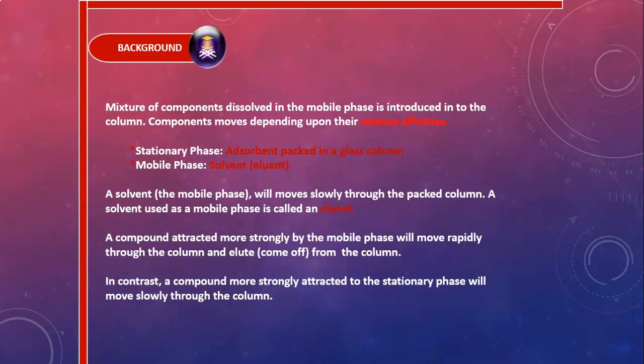The stationary phase is the adsorbent packed in a glass column, while the mobile phase is the solvent or the eluent. The stationary phase is the adsorbent packed in a column containing silica beads, and the solvent, which is the mobile phase, will move slowly through the packed column. A solvent used as a mobile phase is called an eluent.